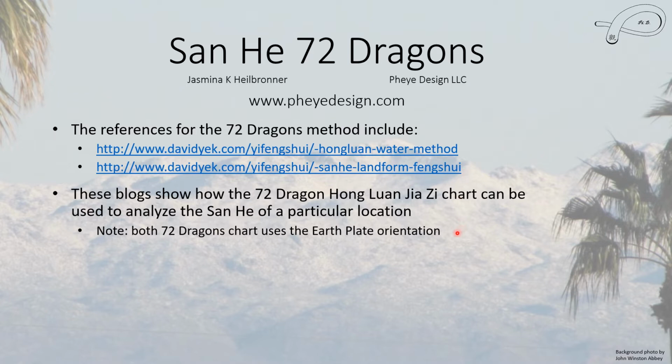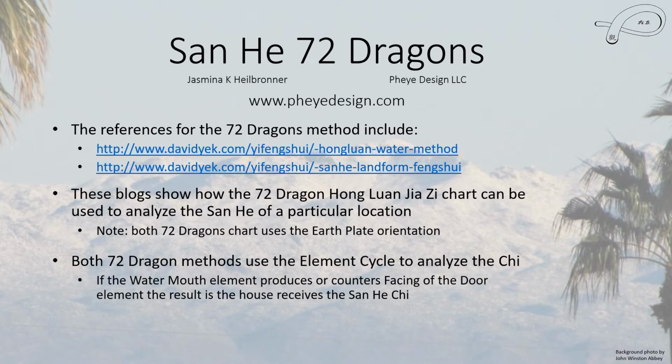Now, both of these 72 dragon charts use the earth plate orientation, which is the one most people are very familiar with. It's the one we use for the flying stars and all the other house charts. Both of these methods, and he really only shows an example of one, use the elemental cycle to analyze the chi.